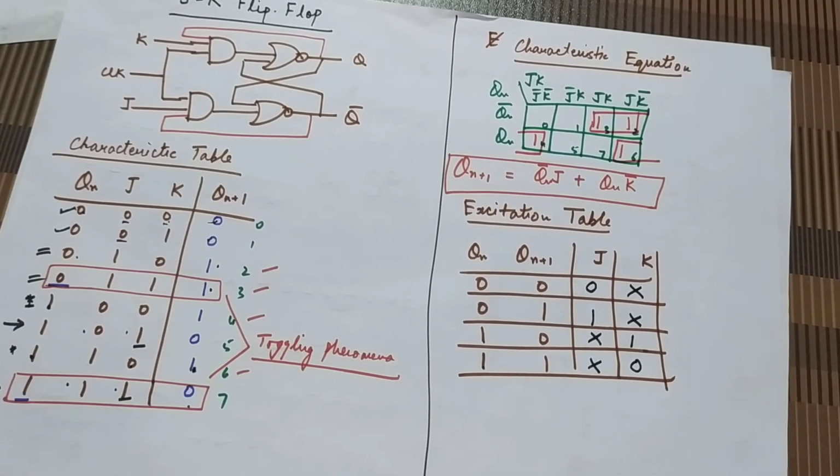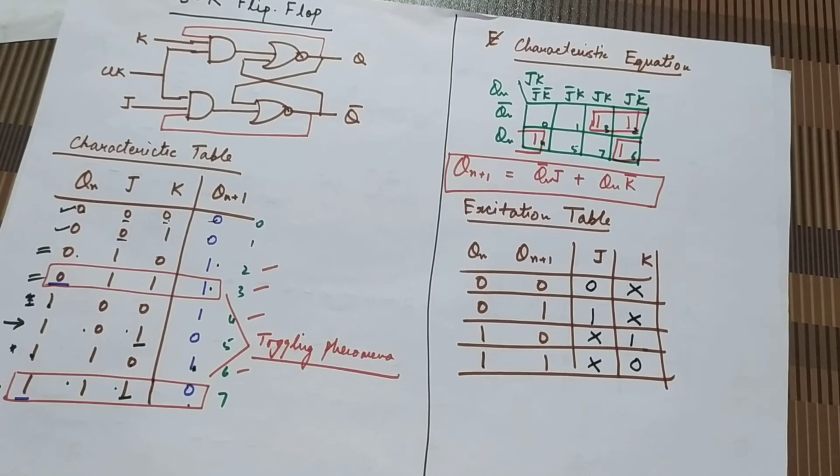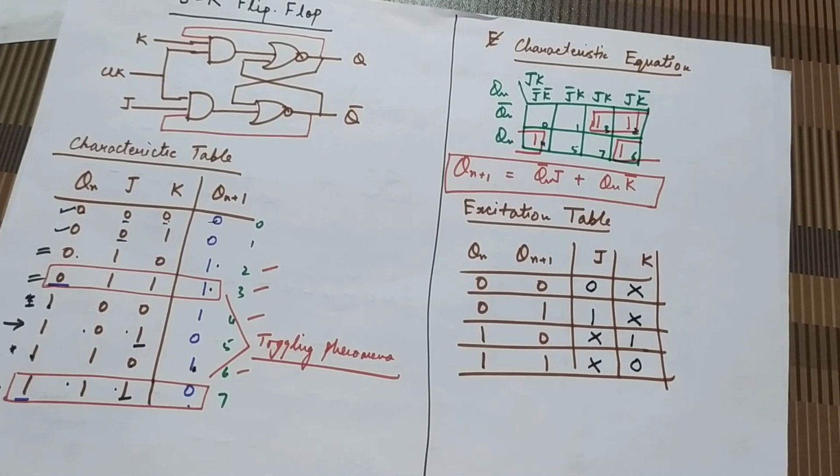In my coming lectures we will be discussing more on flip-flops, that is the remaining flip-flops, D flip-flop and T flip-flop. The speciality of the D flip-flop is that whatever input we give, the same will be the output.